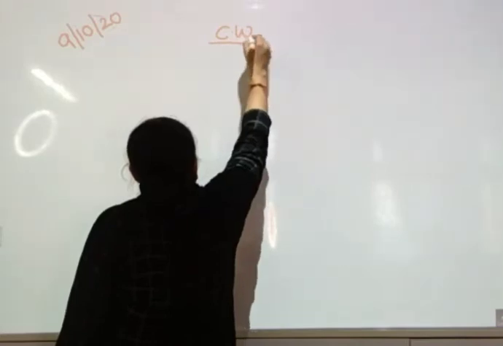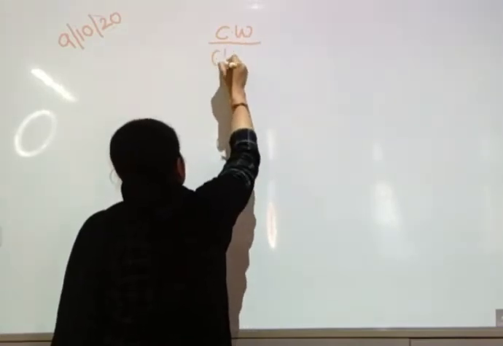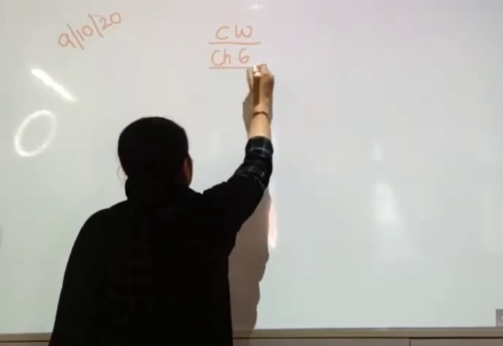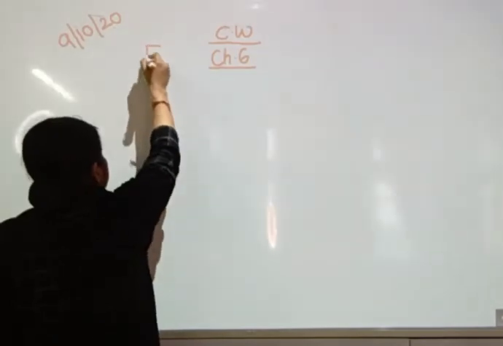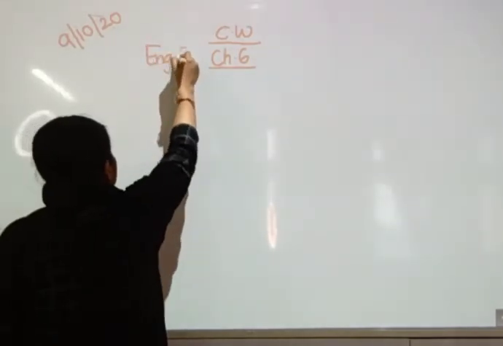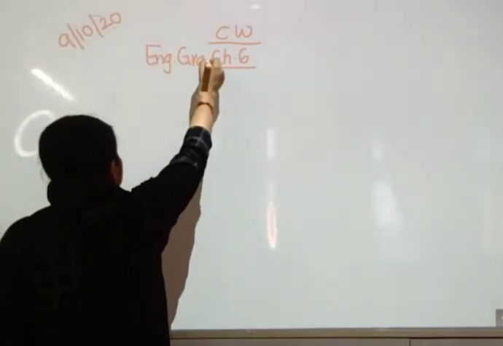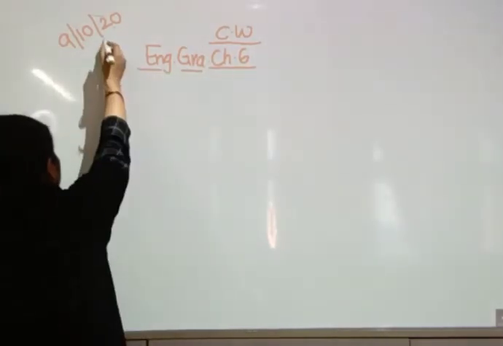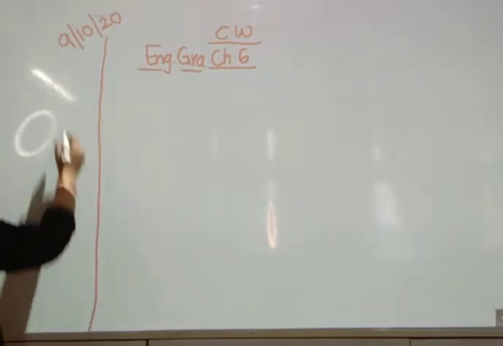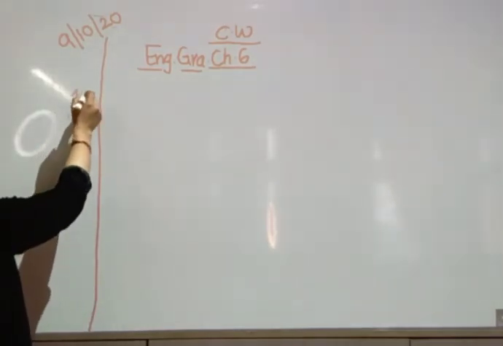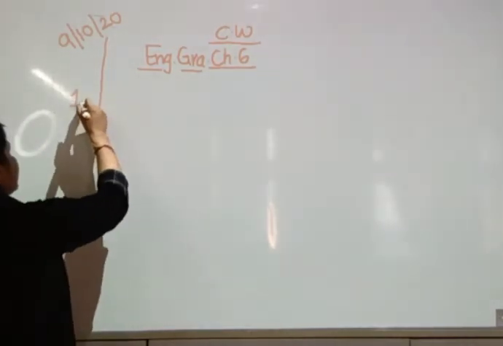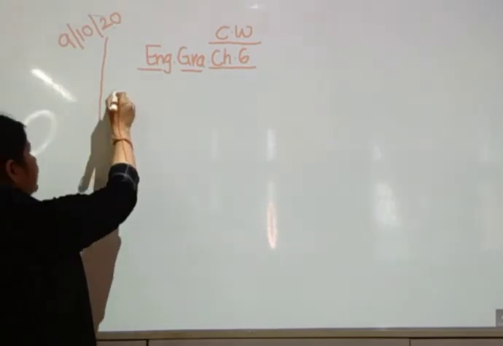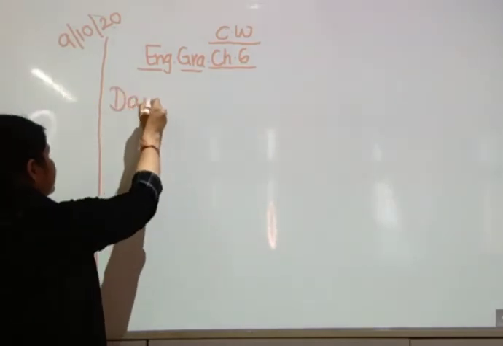CW, chapter 6. Okay, you should write here ENG GRA dot. It is English grammar chapter 6 and you just have to write first days of the week. पहले एक पेज में days of the week लिखोगे.